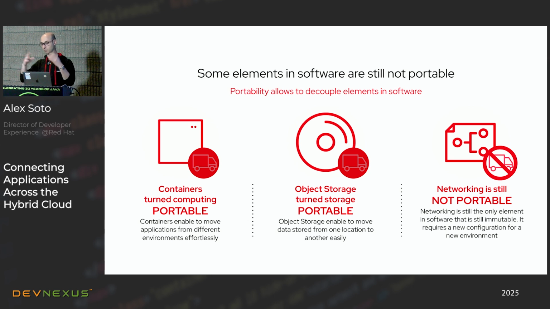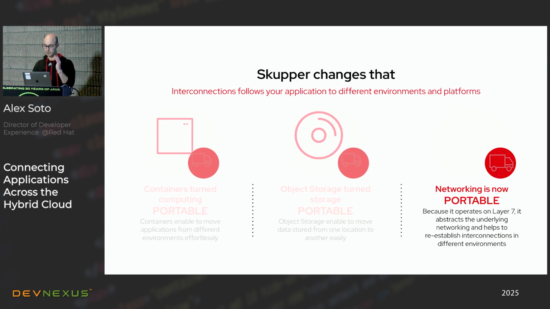We know that with all these volumes and so on, you're able to store data in different file systems transparently, right? You just create a volume and that's all. But the network was not portable. Now, thanks to Skupper, the network is portable. You've seen that maybe in Amazon I've got some kind of network topology, in Google another network topology, but it doesn't matter. Skupper makes these connections easy and portable.